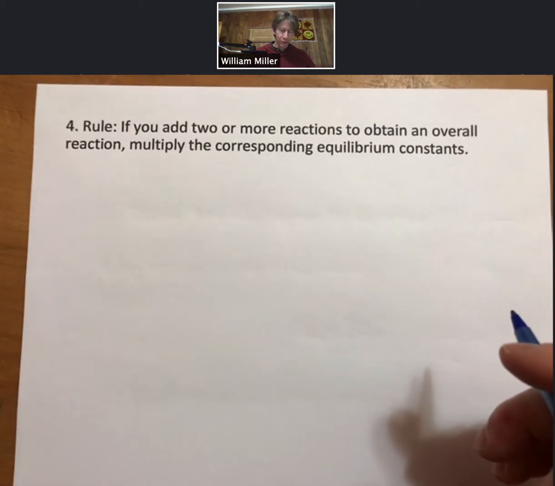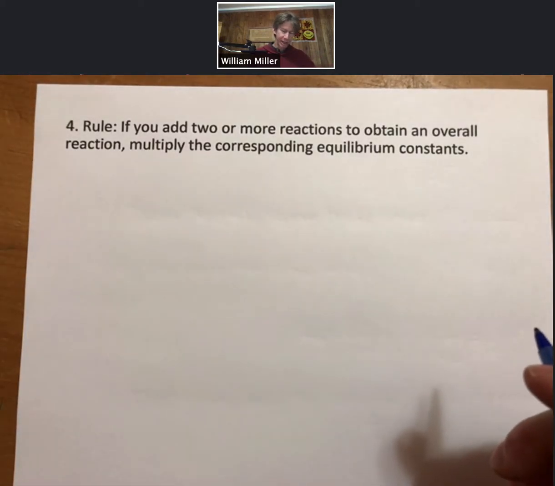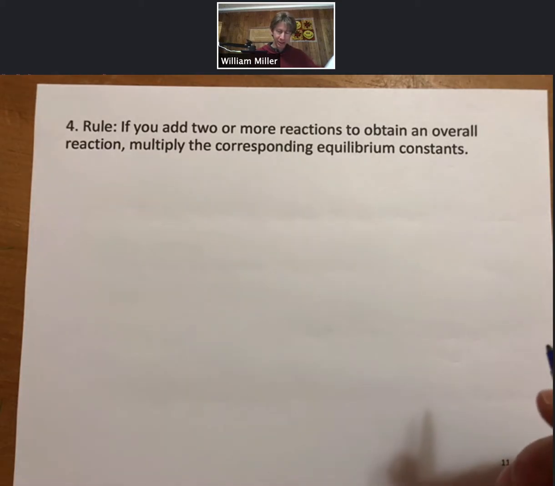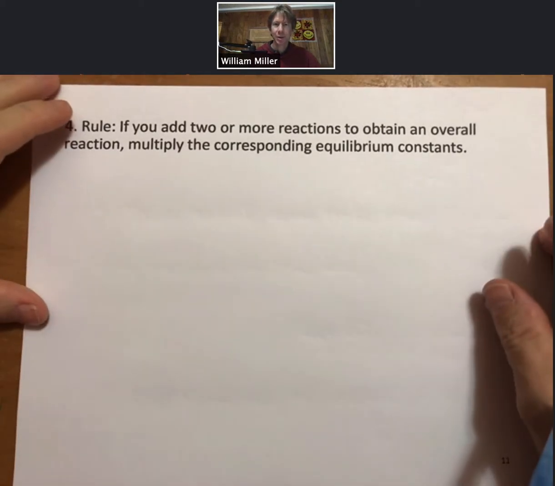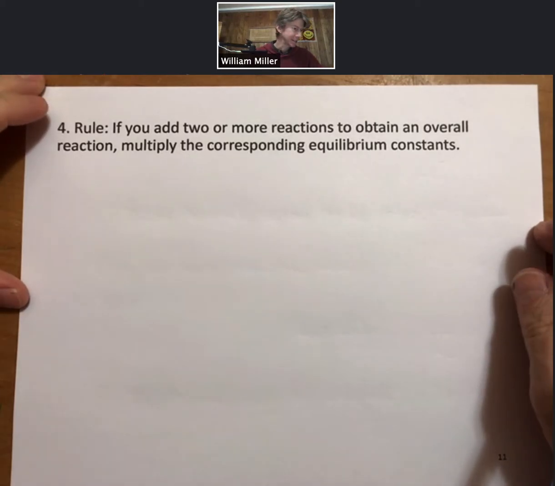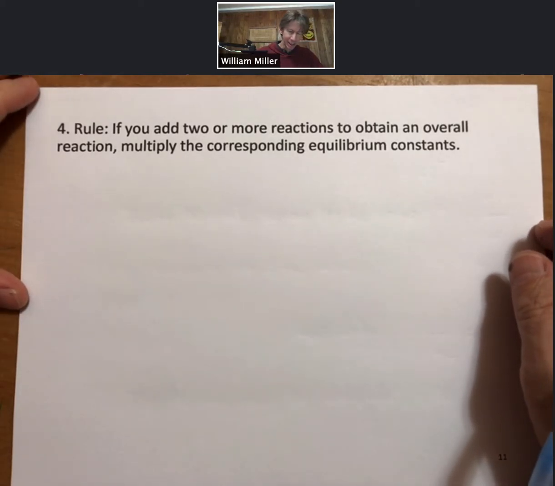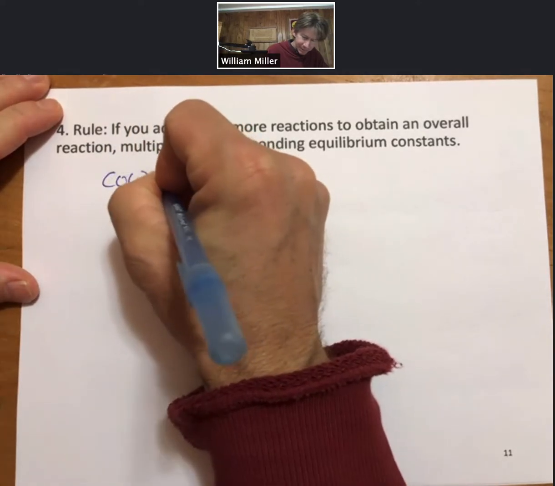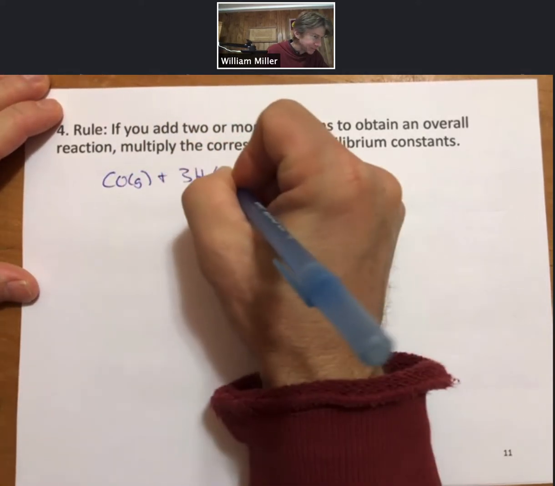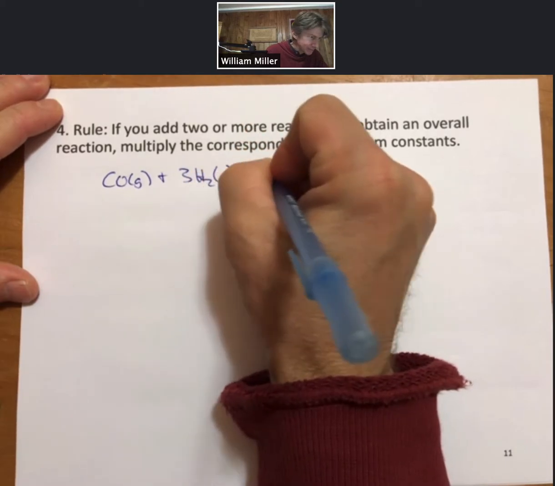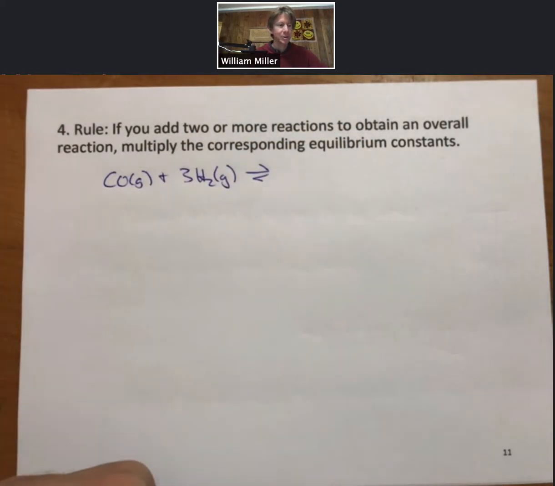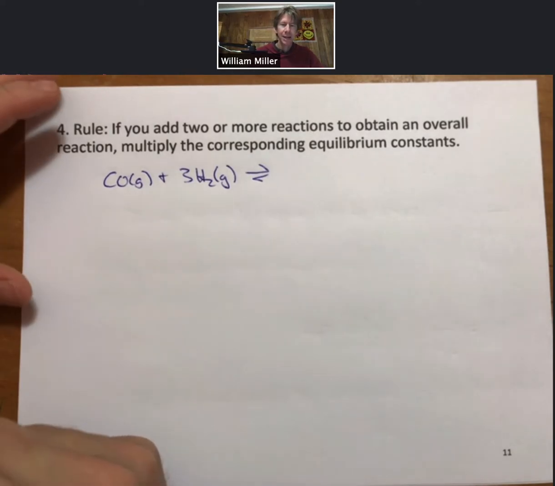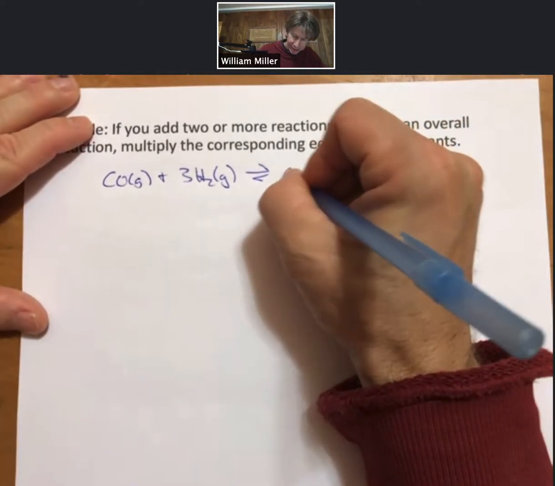Now, new rule: if you add 2 or more reactions to obtain an overall reaction, multiply the corresponding equilibrium constants. And so here's an example. If we take carbon monoxide gas plus 3 hydrogen, and they're going to methane and H2O gas.